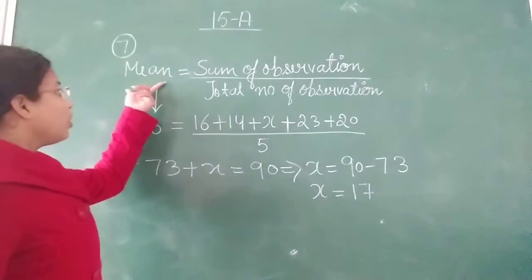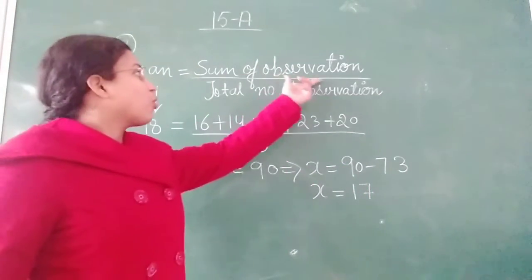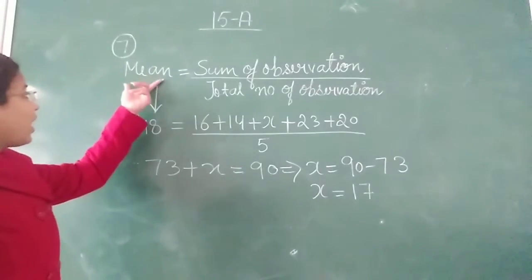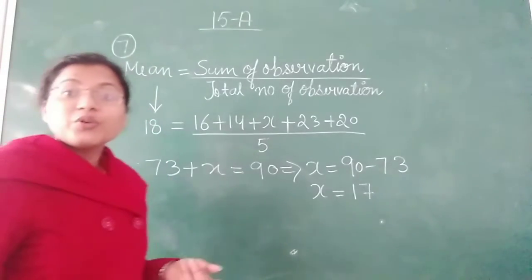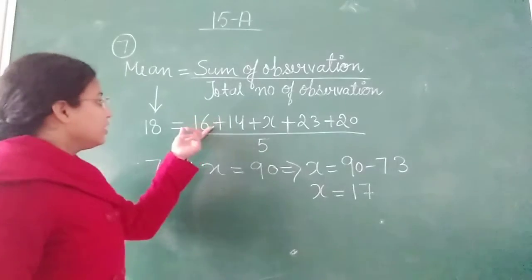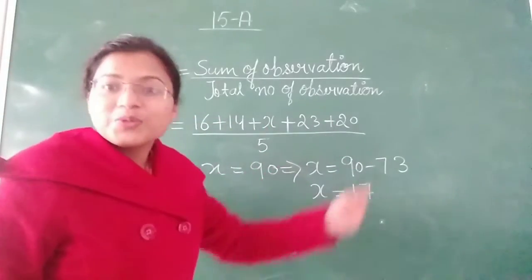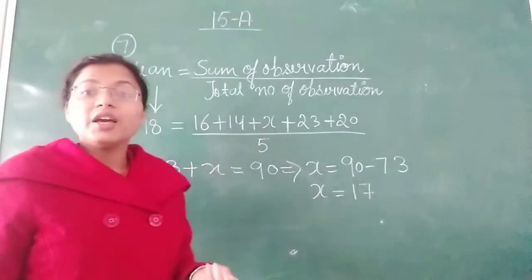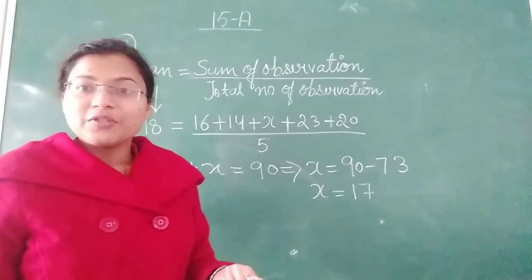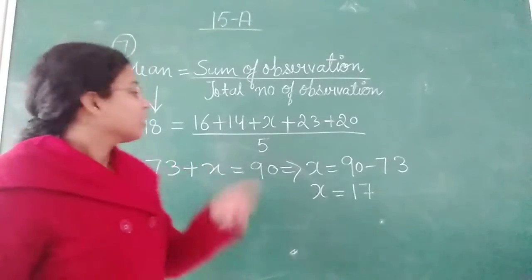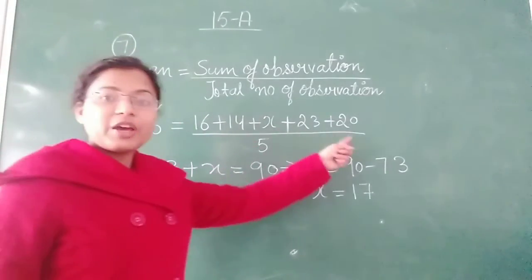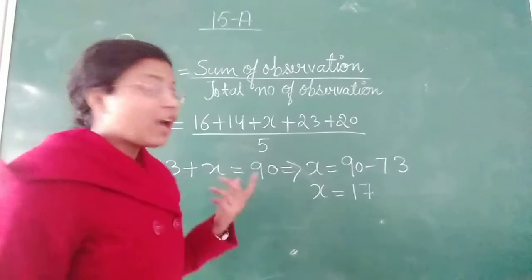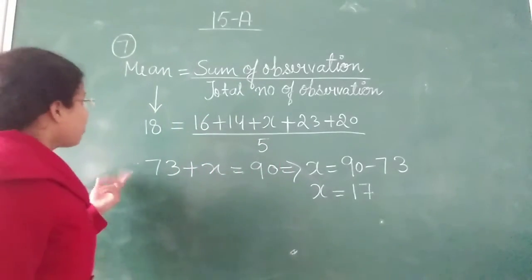So same formula, mean is equal to sum of observations upon total number of observations. The value of mean is already given, which is 18. These all are the observations. So first we have to add them, and divide by the total number of observations. So 1, 2, 3, 4, 5 numbers we are having, so upon 5.